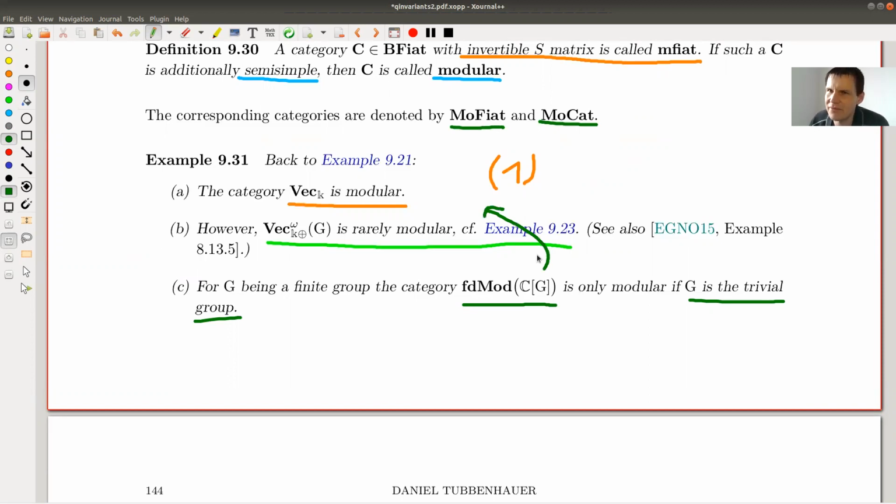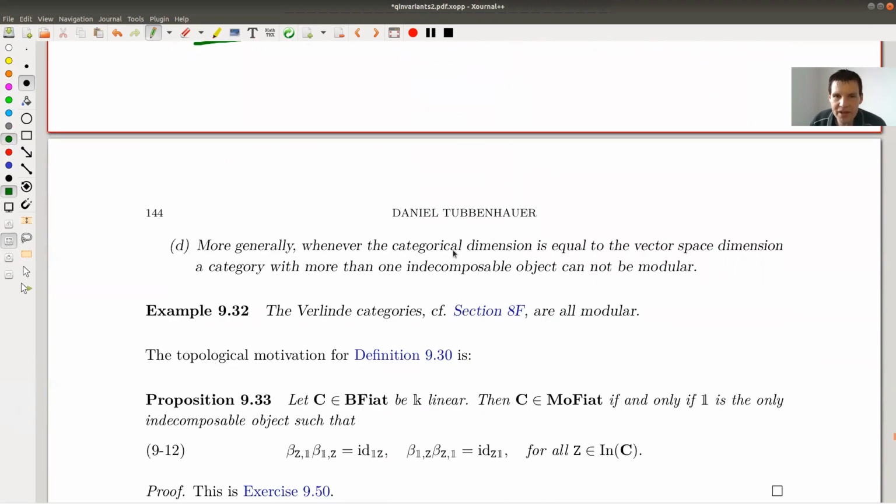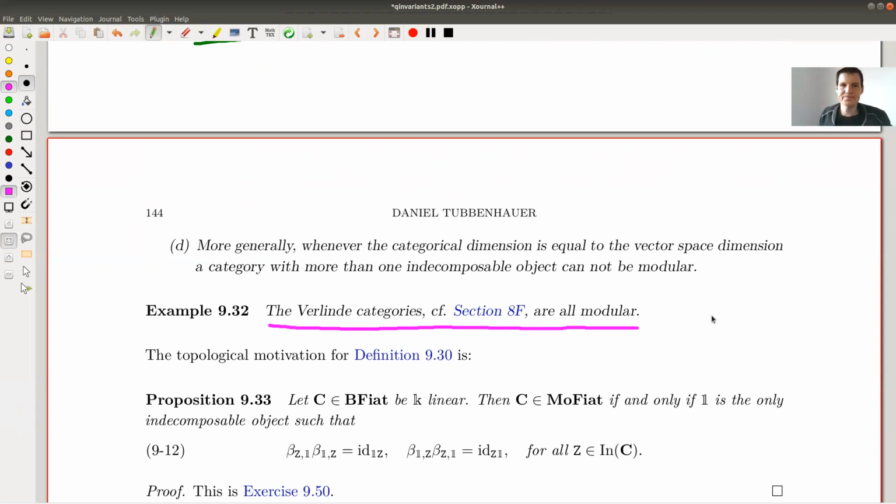So this is not very exciting, right? We define being modular as the S matrix being invertible, and the S matrix basically captures how the braiding works. It turns out that all the easy examples fail that test or are completely trivial, like vector spaces. But the Berlin categories are modular. They are all modular, and they give really good link invariants, while link invariants cooked up from something like graded vector spaces usually are not really good.